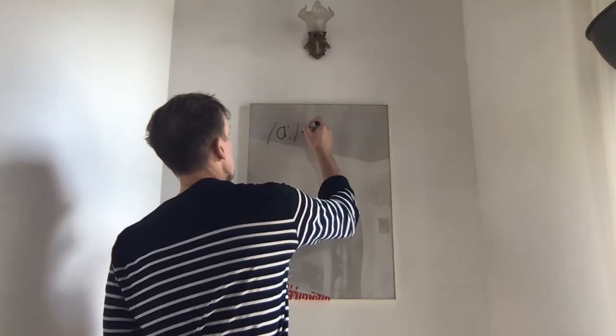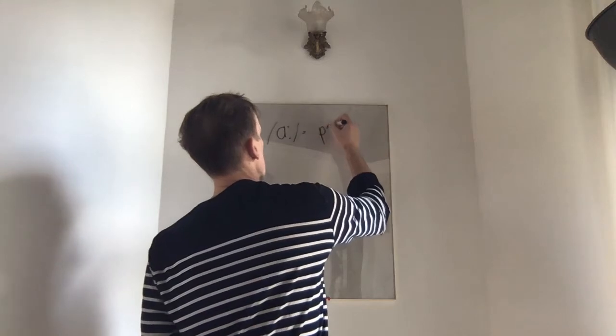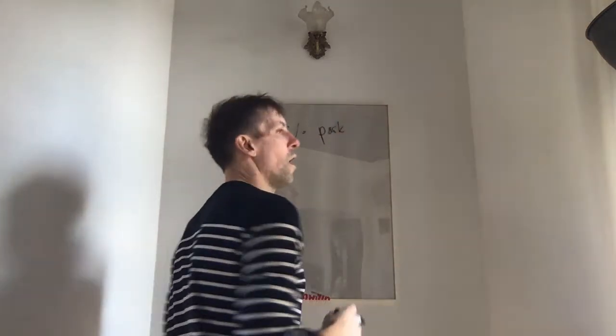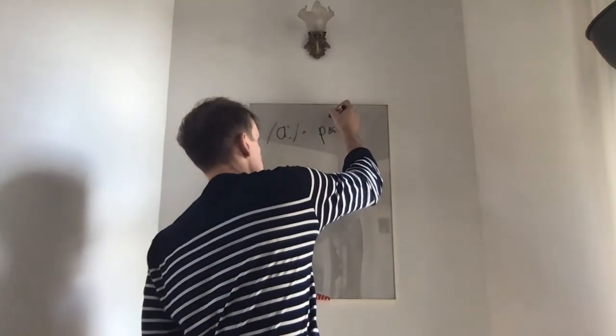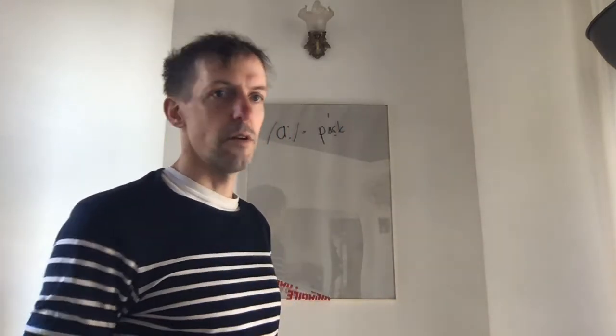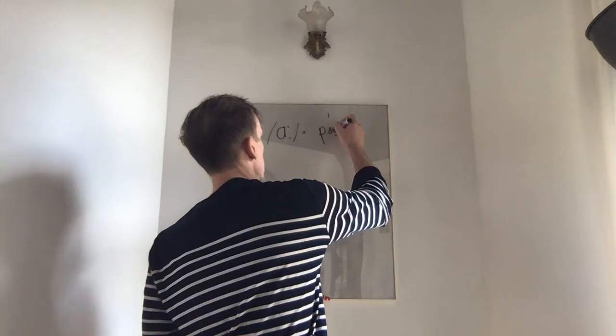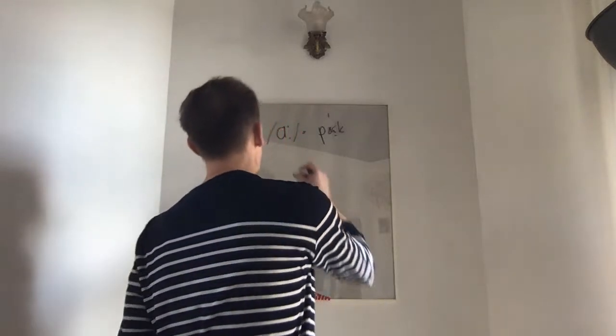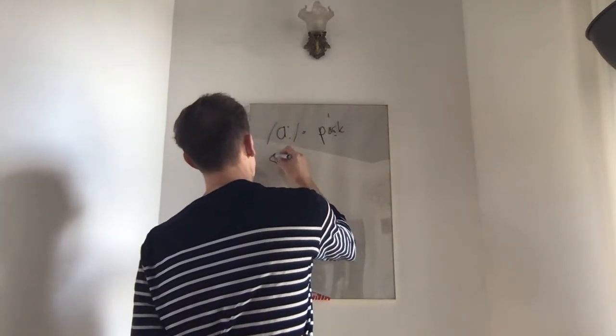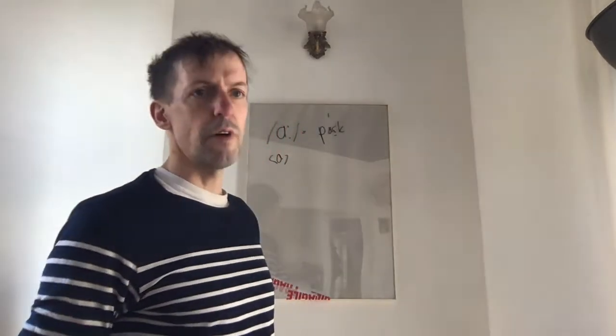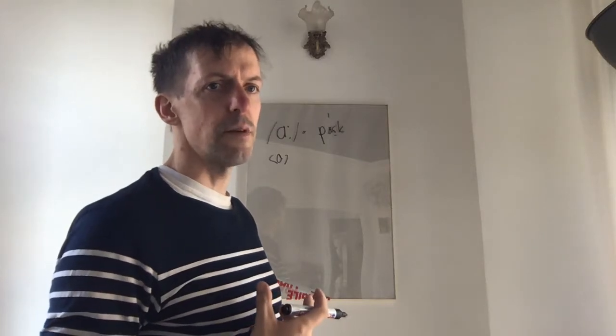So usually, of course, being an R colored value, we expect this to occur in words such as "park". So we have a stressed A that is immediately followed by our R, and as we've seen, English being non-rhotic, this R will not be pronounced, right?